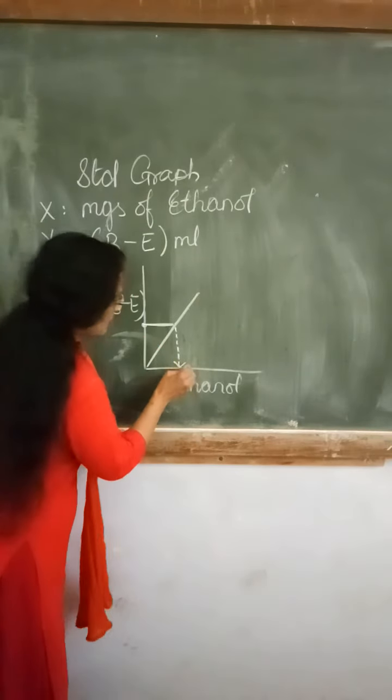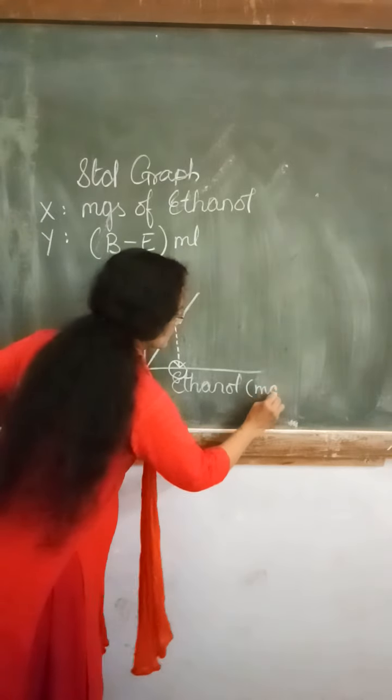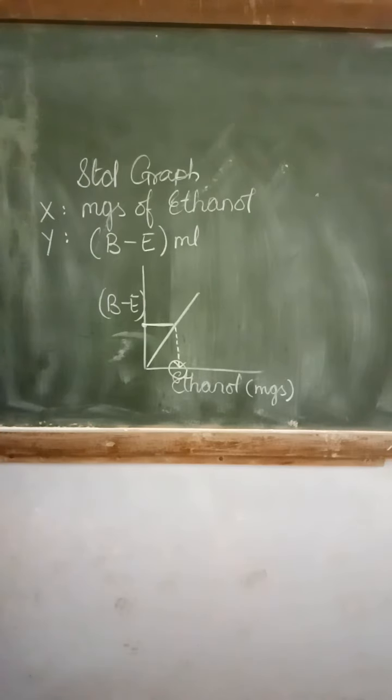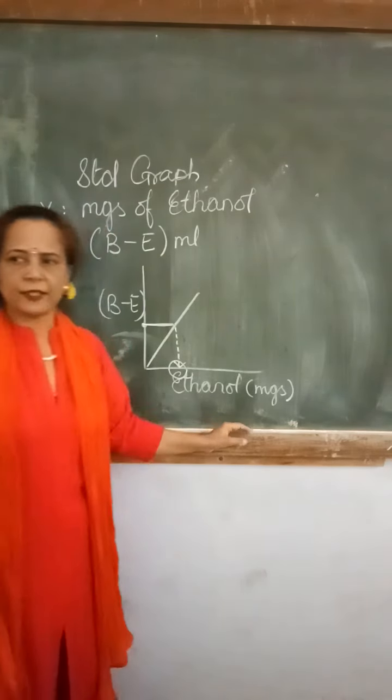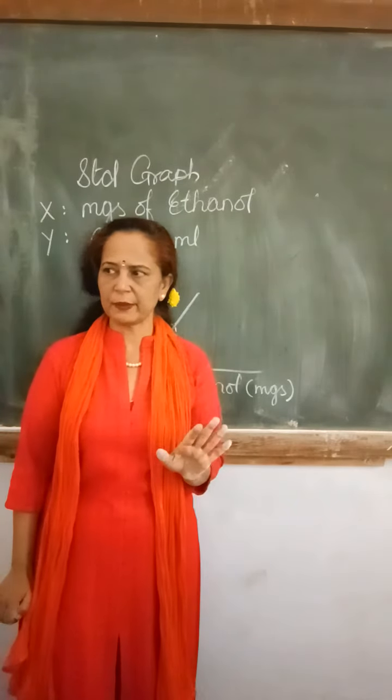This will be your finding. It will be in milligrams of ethanol. So this is the way we can go for alcohol estimation. Is it very clear to everybody?